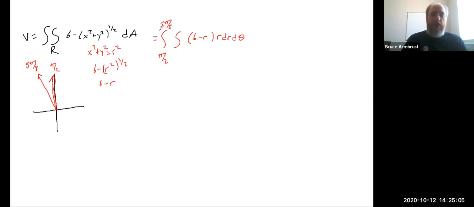And this is where we're going to use the whole thing they told us about the Z's. They told us that the Z's are supposed to be between 4.2 and 1.8.